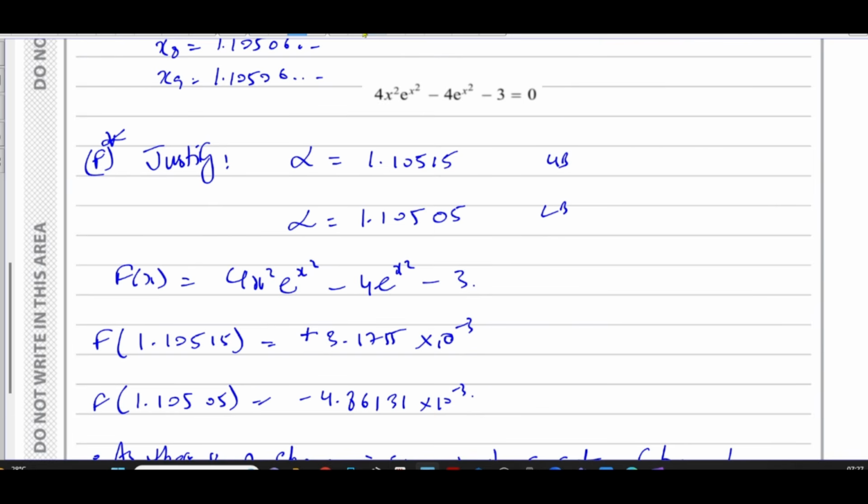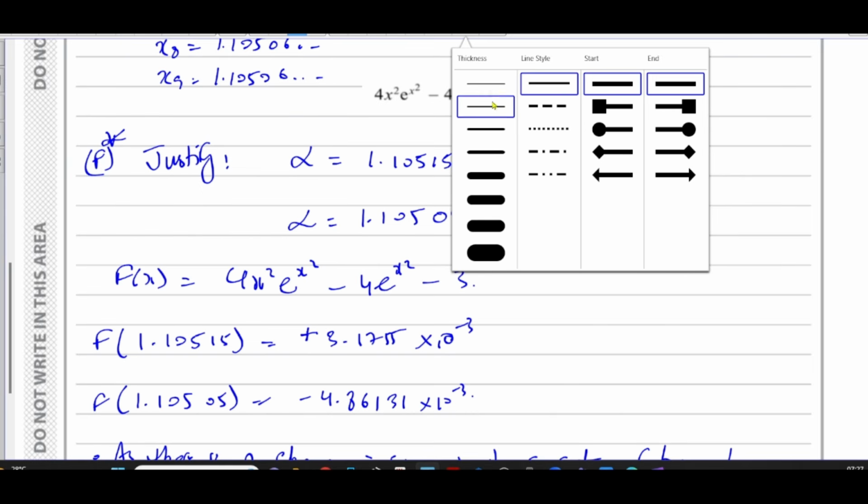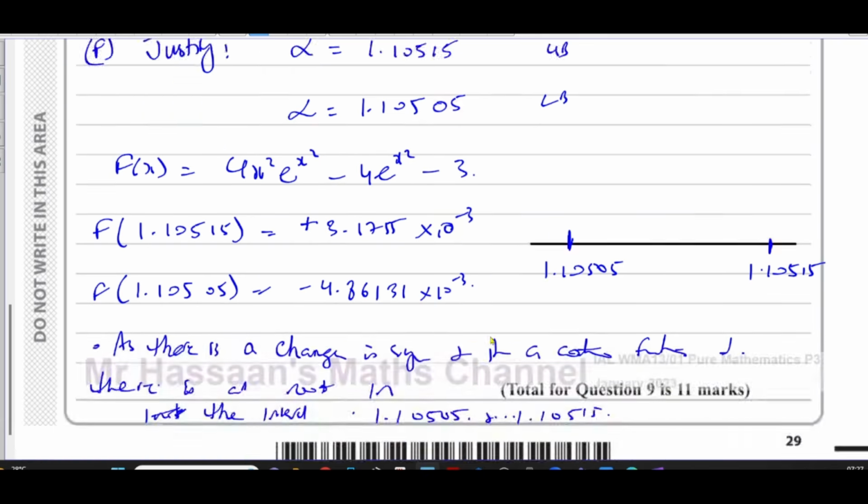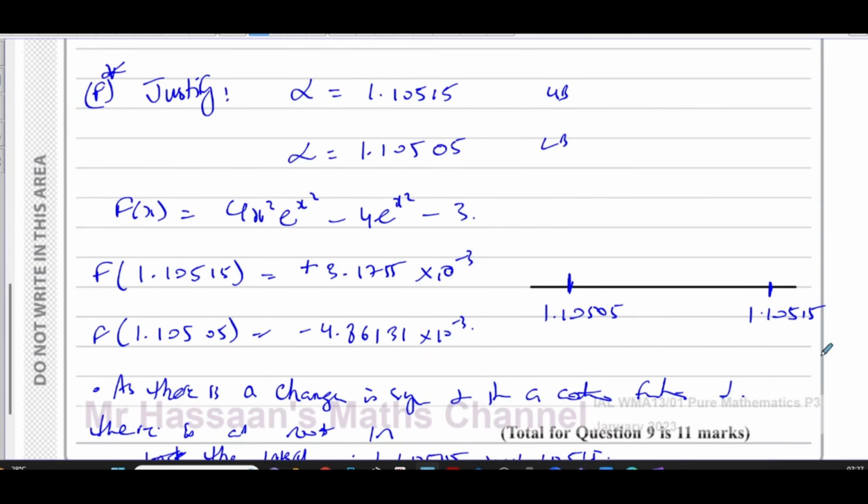Now, why would this be considered as a root? It will be considered as a root because supposing this is 1.10505 and this is 1.10515. Somewhere between these two, there's a root. So as you can see, before it was positive, then it was negative.